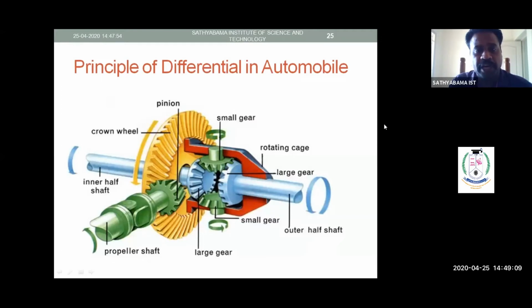Most of you have seen this type of picture to explain automobile engineering, a differential unit. That green color shaft which extrudes towards you is called the propeller shaft. In lorries and buses, if you look underneath, you can see this propeller shaft, a long shaft connecting the rear axle and front axle. The purpose of the propeller shaft is to transmit the power from the rear axle to the front axle.